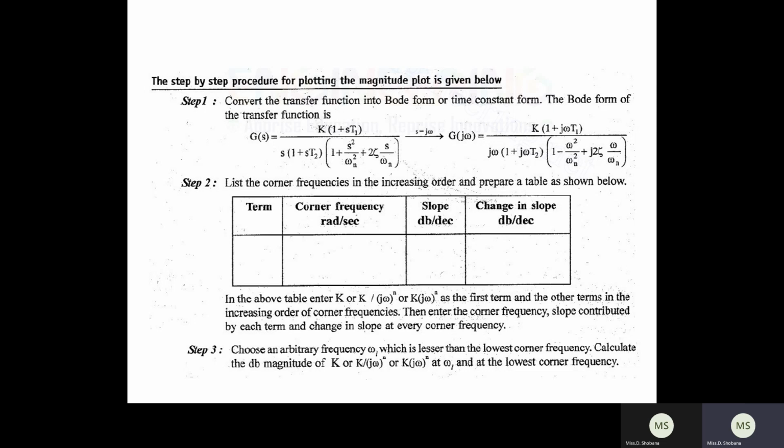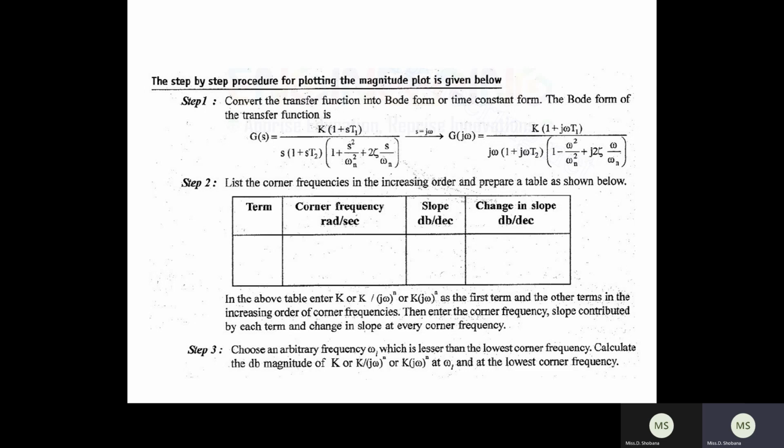In order to determine the change in slope for the next term, bring that result, 0, over here, and then add the current slope, which is minus 20. So the resultant is minus 20. I bring that minus 20 over here for the next term, the quadratic term. So minus 20, minus 40, minus 60. Like that you have to determine the change in slope.